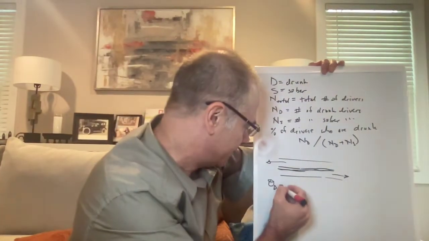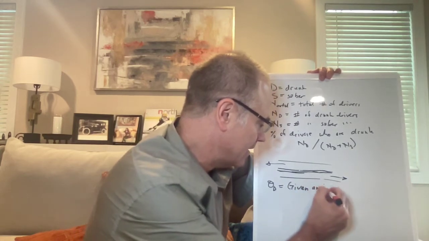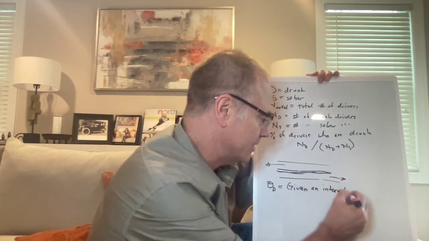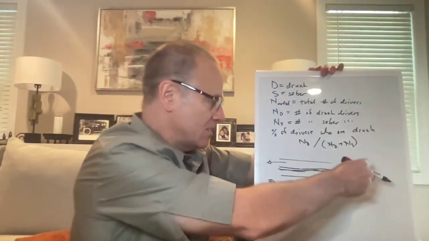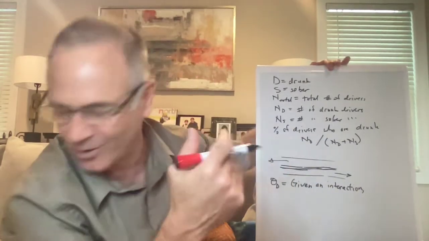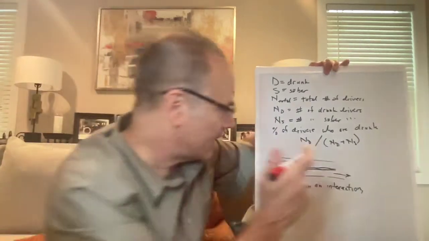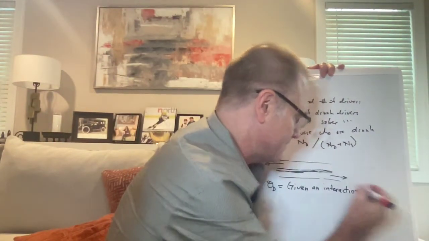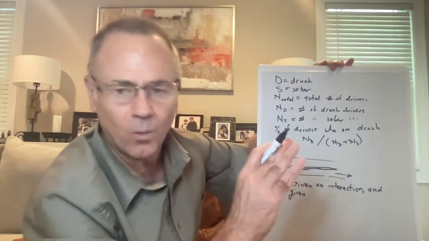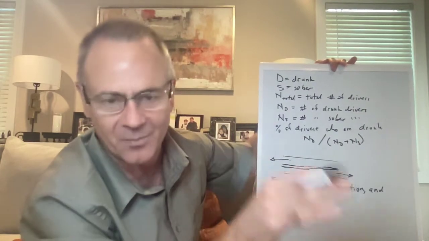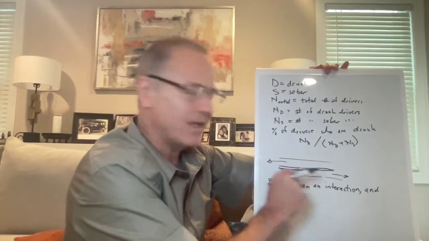This equals, given an interaction, where 2 cars pass each other on this one road we're thinking about, and given that one particular driver is drunk. Let's look only at the eastbound driver.